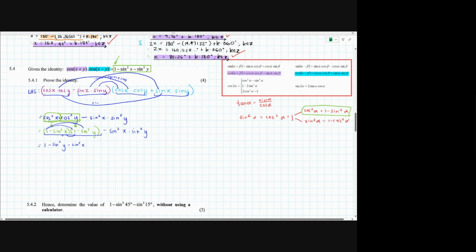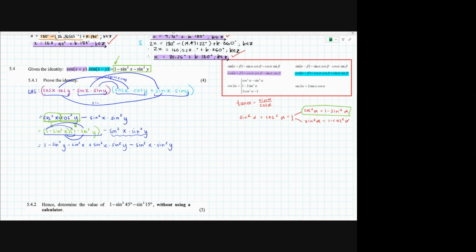And then minus sine squared x times minus sine squared y becomes plus sine squared x times sine squared y. And then we still have this last term, minus sine squared x times sine squared y.